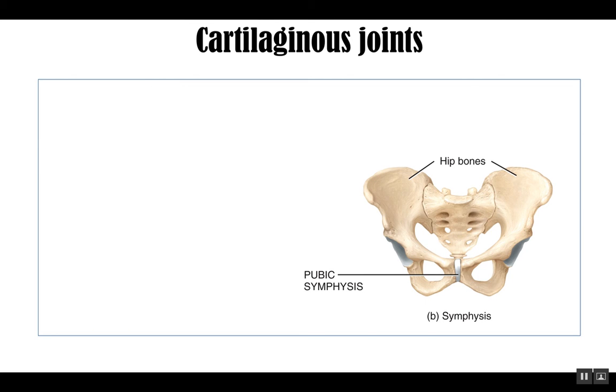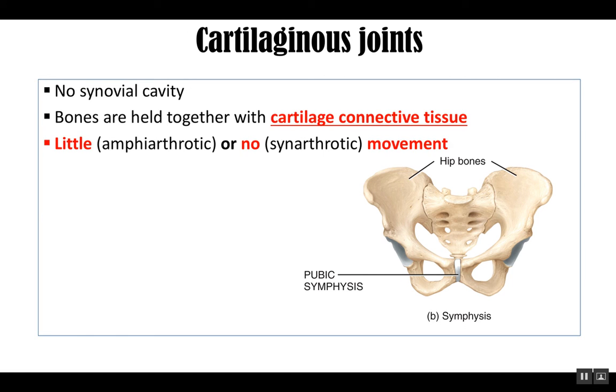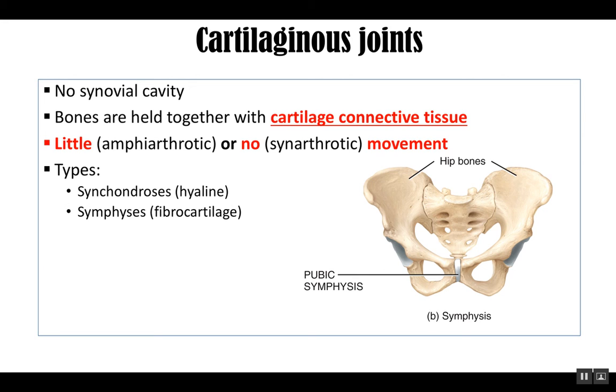Cartilaginous joints, as the name suggests, are held together with cartilage, no synovial cavity. They either permit little or no movement. The types include the chondroses, which are held together by hyaline cartilage. The symphyses, or a symphysis, is held together with fibrocartilage.